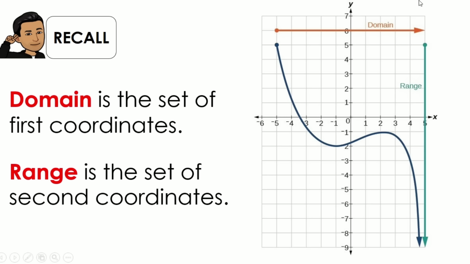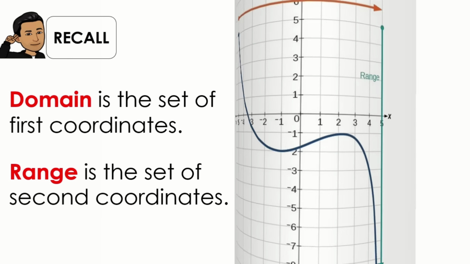And range is the second set of values or the y values. So, yun yung gagamitin natin to find the domain and range. Bibigyan ko kayo ng different examples and then hahanapin natin yung domain and range.